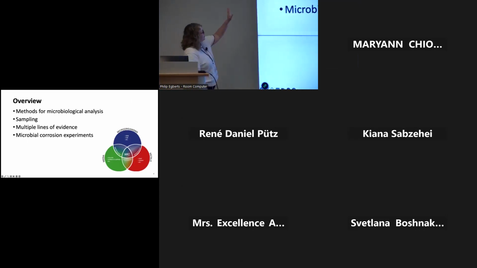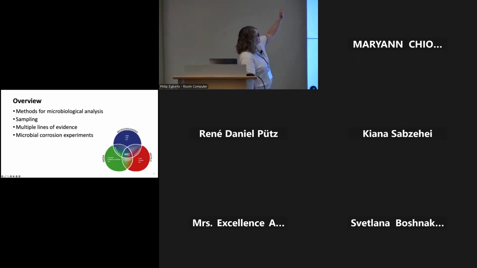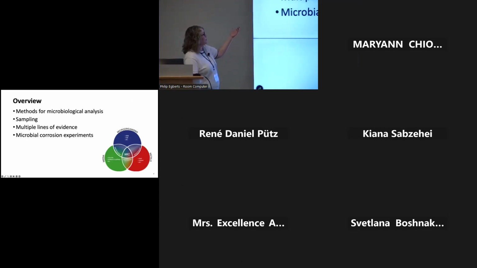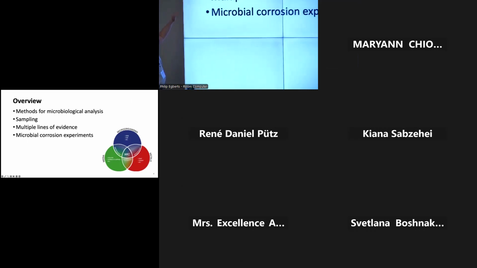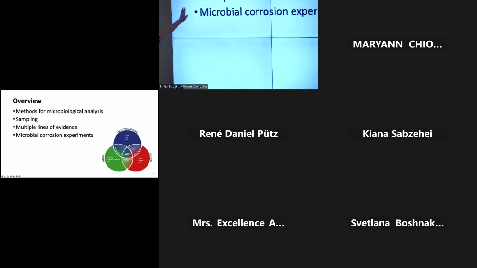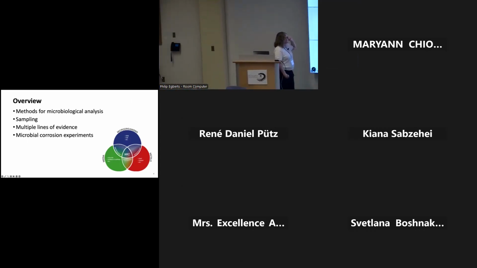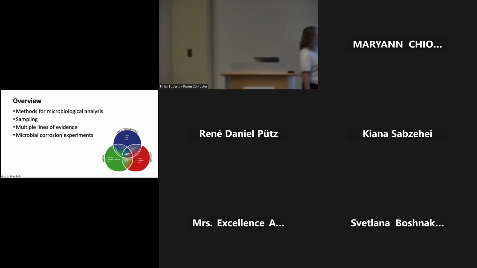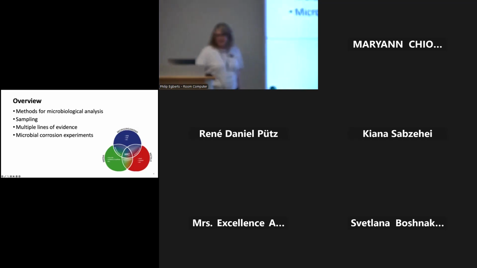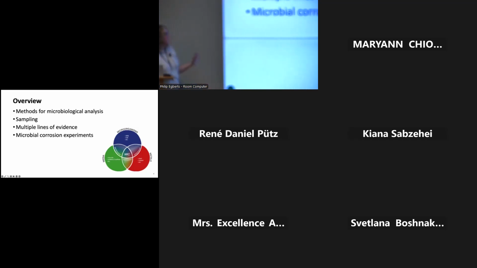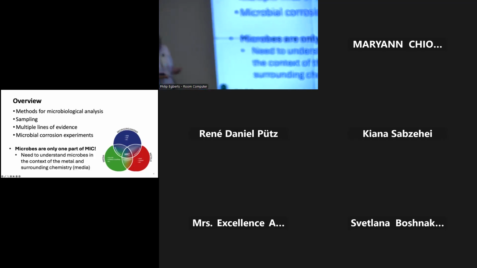So today I want to talk about the different methods we use for microbiological analysis. A couple of slides on proper sampling, and more about multiple lines of evidence and collecting that type of evidence. Then I want to talk about how we can do microbial corrosion experiments to see, for example, if samples we're getting from the field can be quite corrosive.